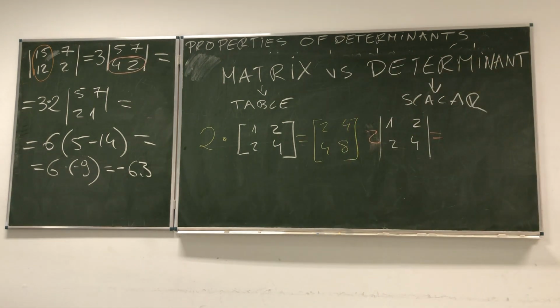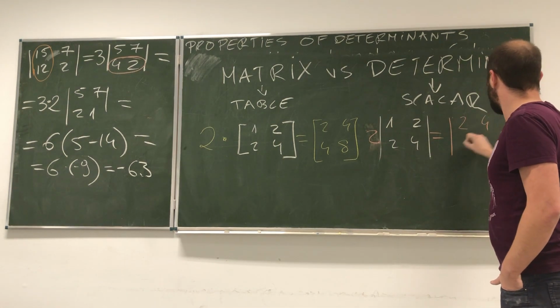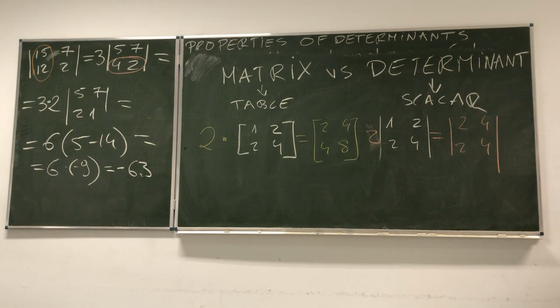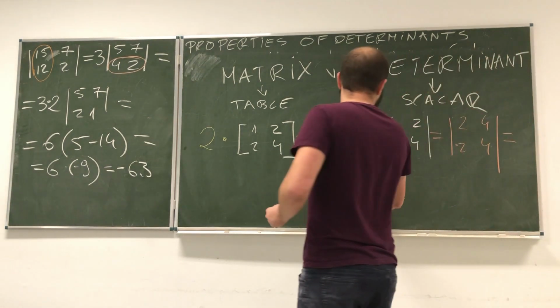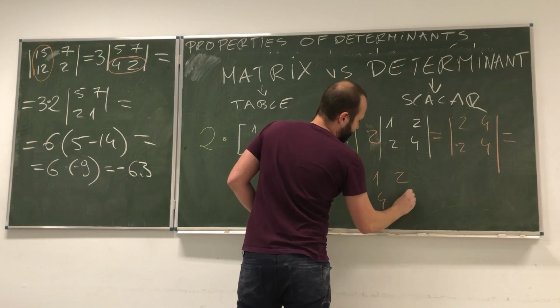Okay, make it simpler. I can get 4 possible different cases. It will be 2, 4, 2, 4, right? But this would be the same as getting 1, 2, 4, 8.